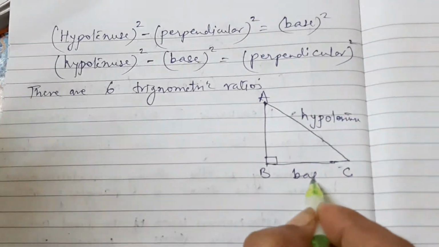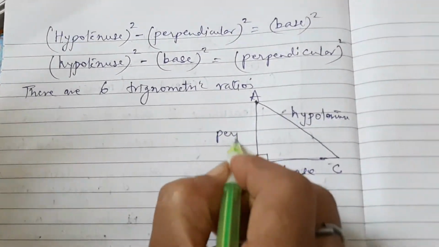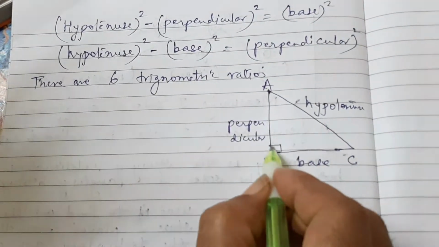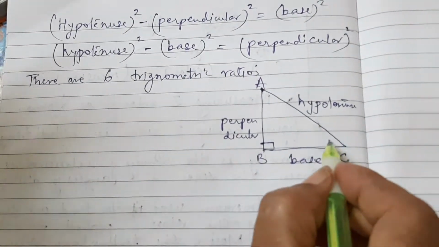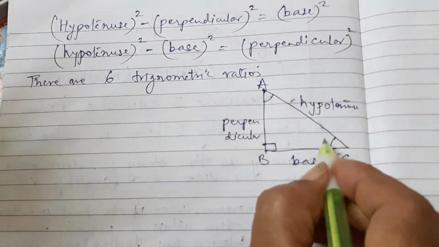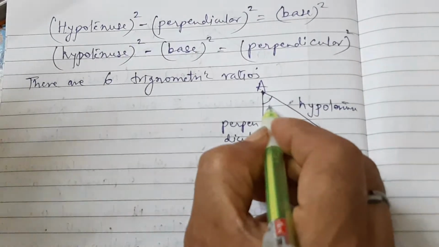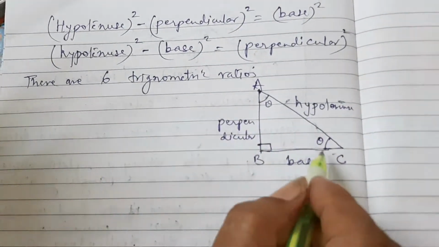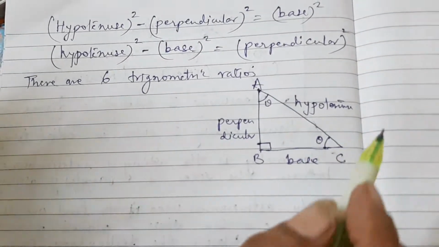This is the base, and this is the perpendicular. This is 90 degrees, and these two are acute angles. This is theta, and this is also theta. Both the thetas are always on acute angles.